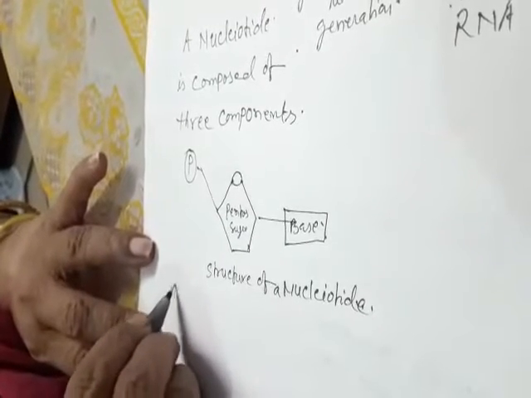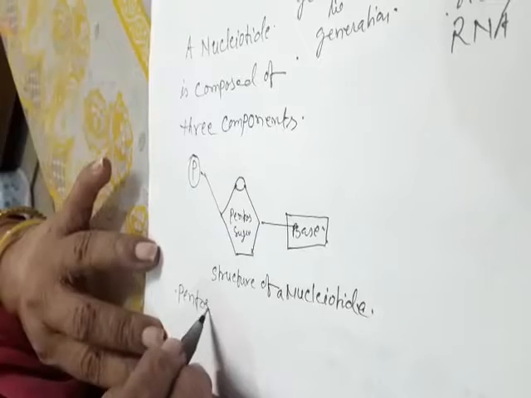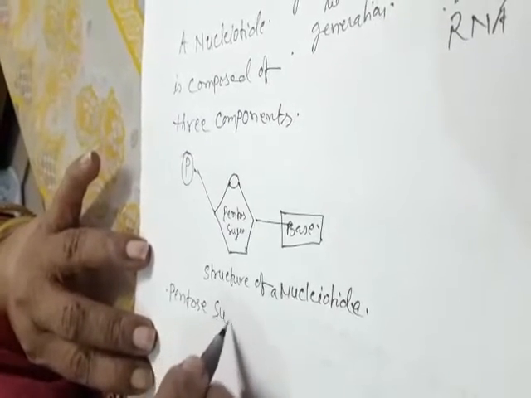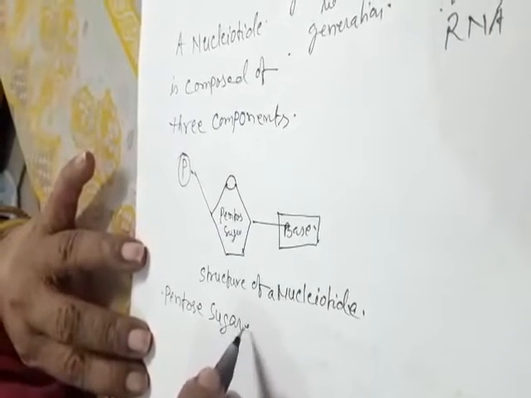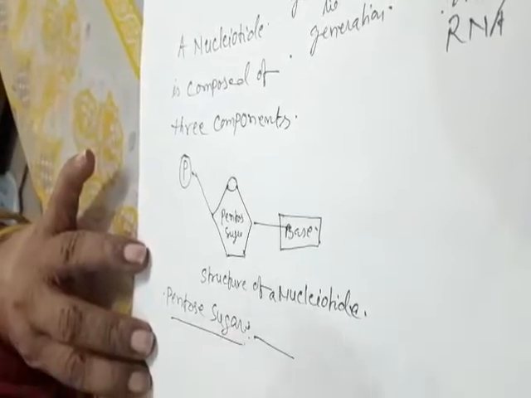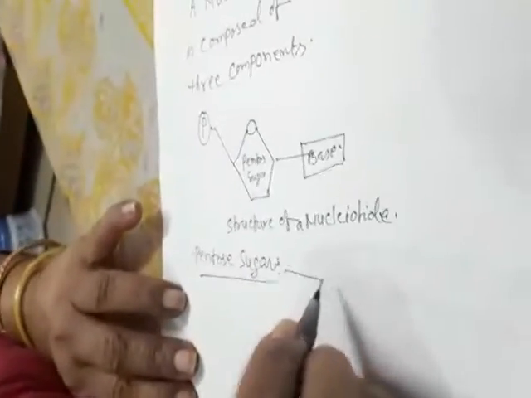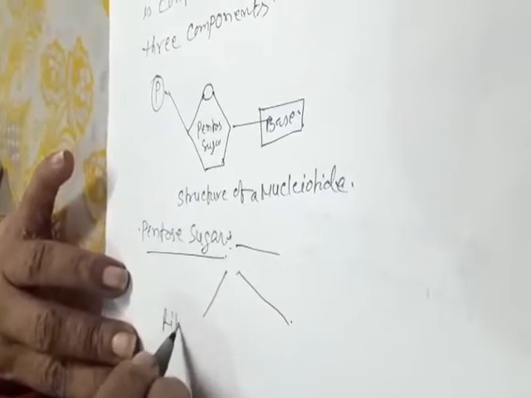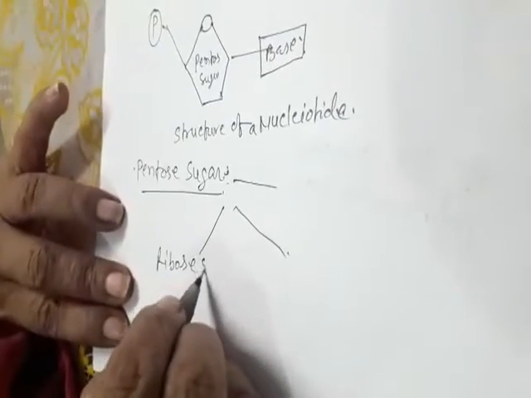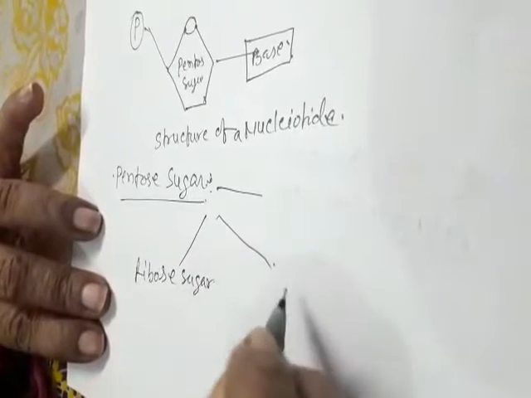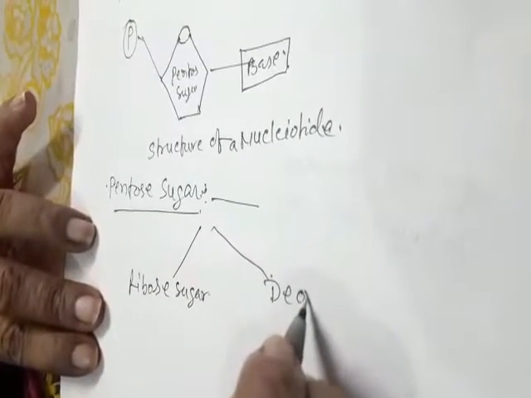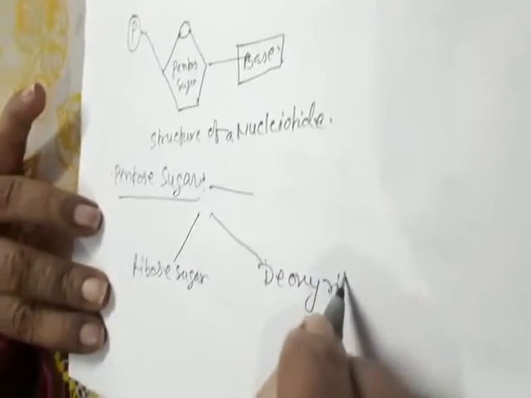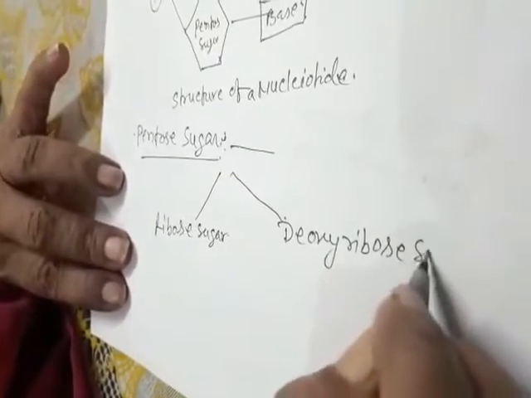Pentose sugars are of two types: ribose sugar and deoxyribose sugar.